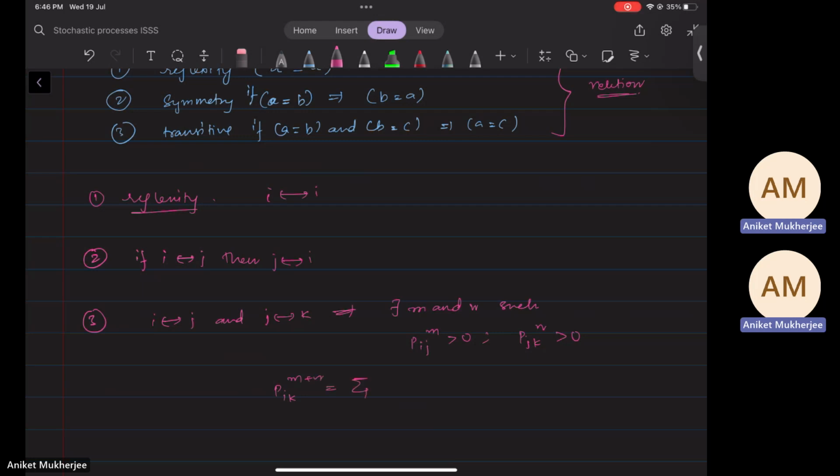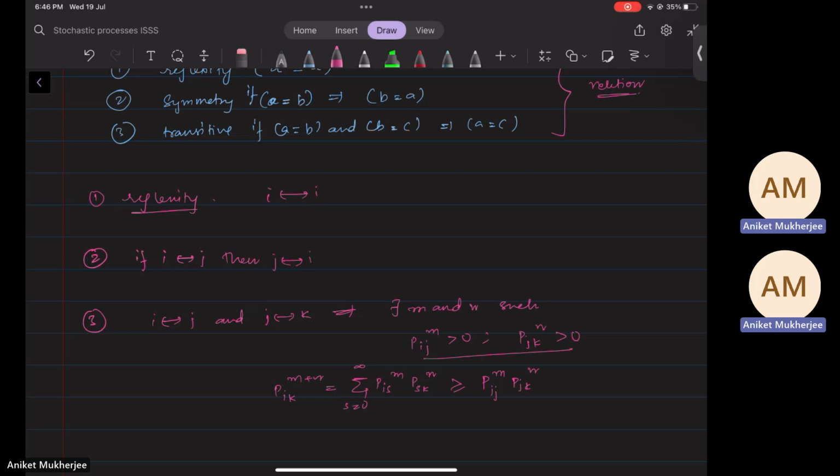We know that this is the sum over s equal to 0 to infinity of p_is^m p_sk^n. Now these all are non-negative numbers. Out of all these states, there will be a state j. Because I'm adding non-negative numbers, and removing all the other terms which I'm adding, it will always be greater than or equal to, because if everything else is 0, then it will just be equal to p_ij^m p_jk^n.